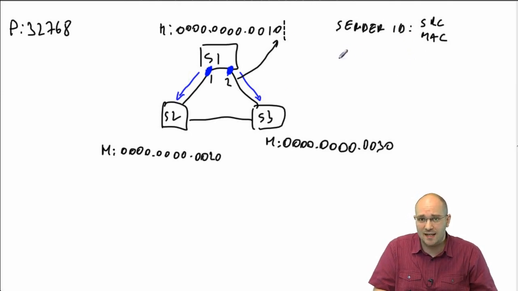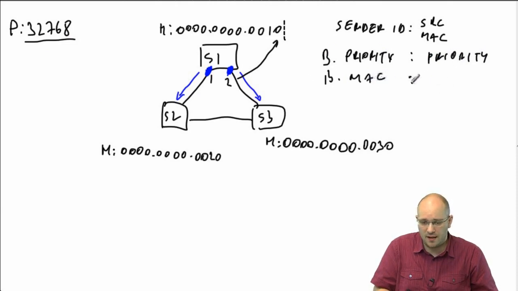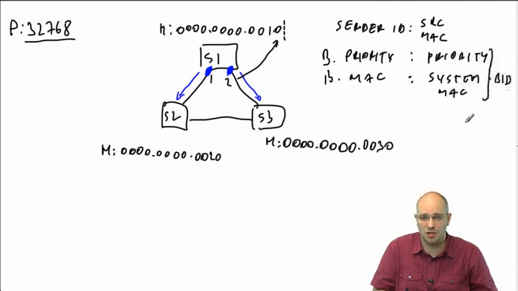Also, inside our BPDU, we are going to have the priority field, or the bridge priority field, which will be the default value that we decided to use here. We are going to have the bridge identifier, the bridge MAC address, and this will be our system MAC address. And these two values here are going to form the information about what our bridge identifier actually is.